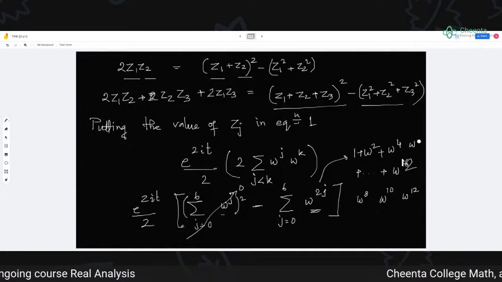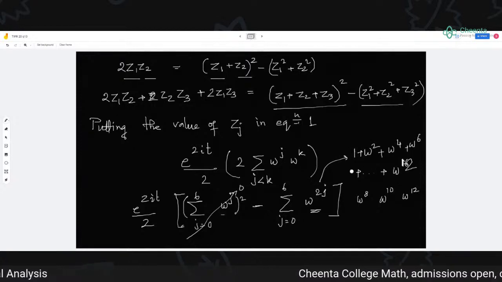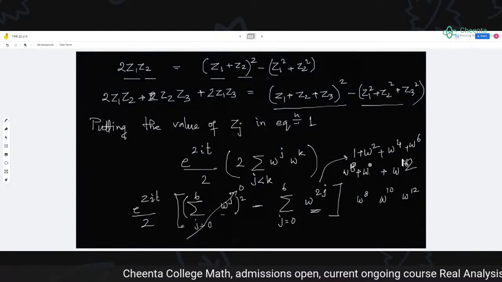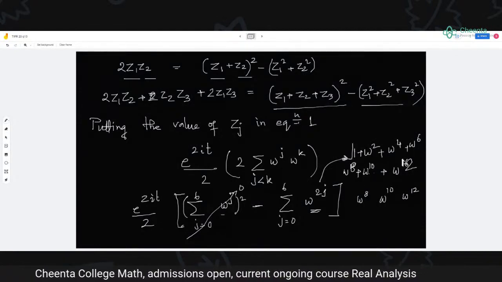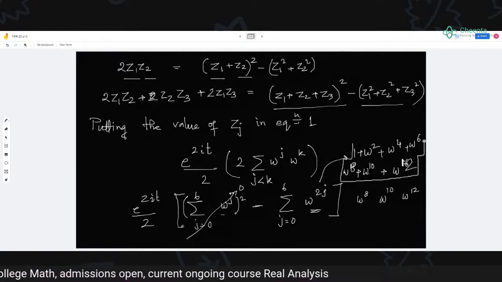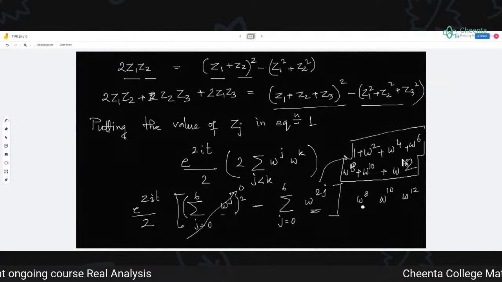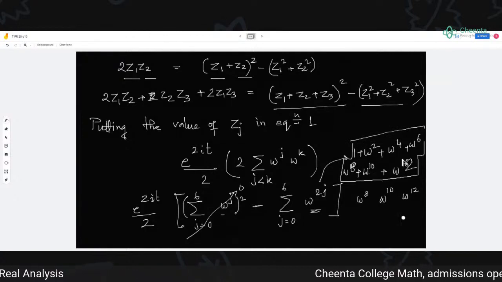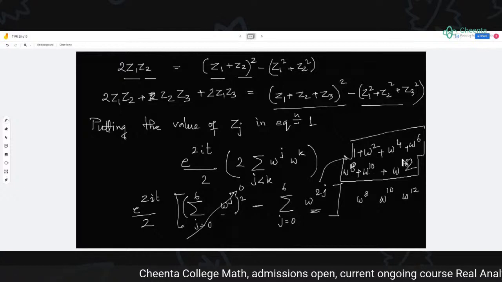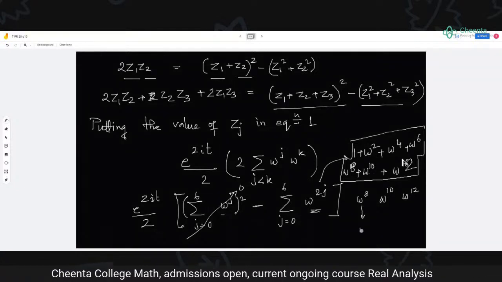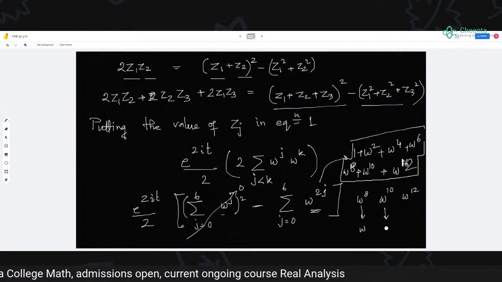So after 6, you have 8, then 10, then 12. So this is the entire span. But now omega to the power 8 is what? If omega to the power 7 is 1, then omega to the power 8 is omega, this is your omega cube, this is your omega to the power 5.